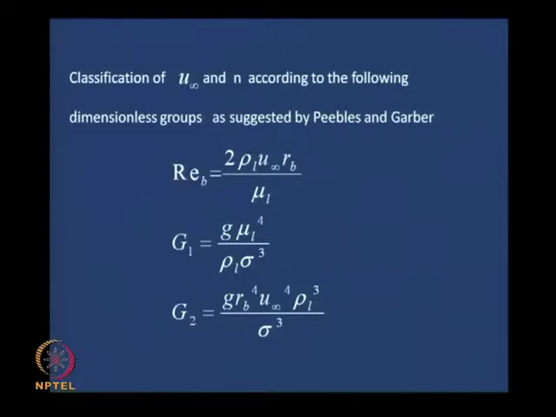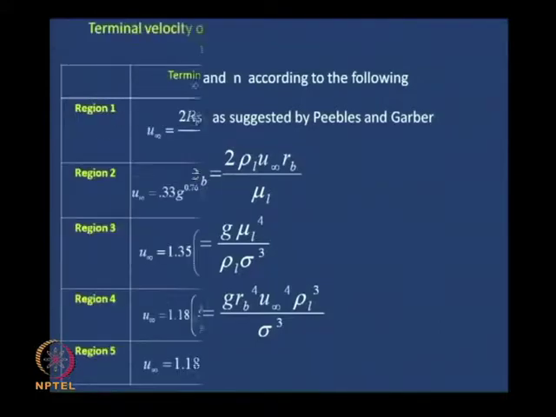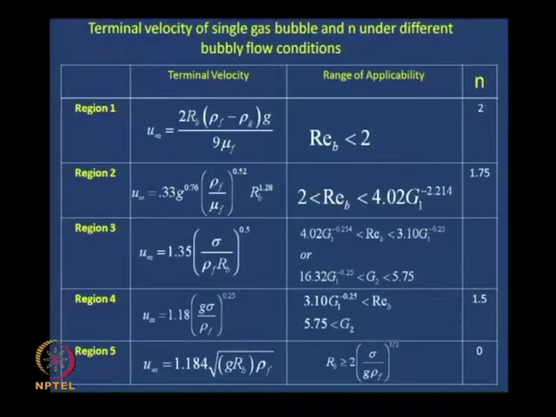Based on the values of these dimensionless groups, the entire bubbly flow condition can be divided into 5 flow regimes. The first flow regime is naturally the Stokes law regime. Region 2 is when slightly larger bubbles are there, and then gradually we go into region 4 and region 5.